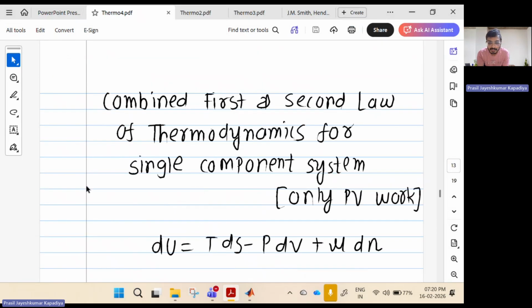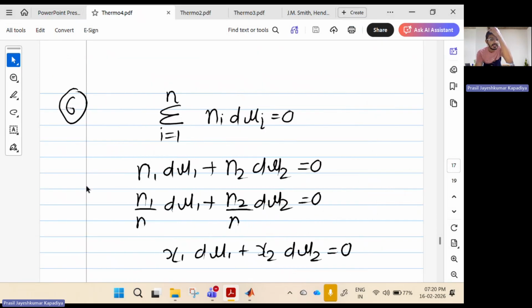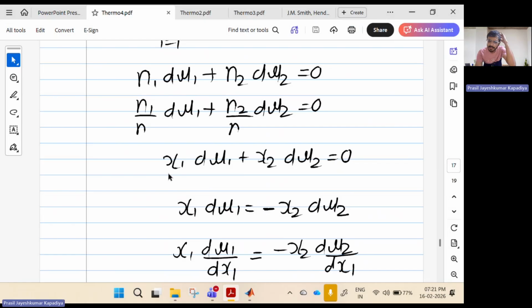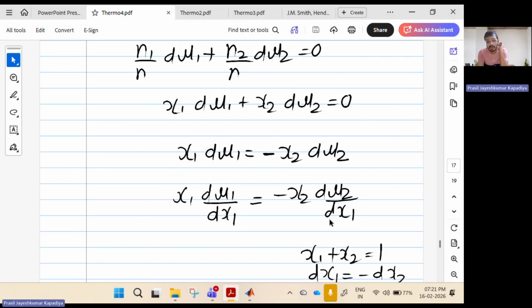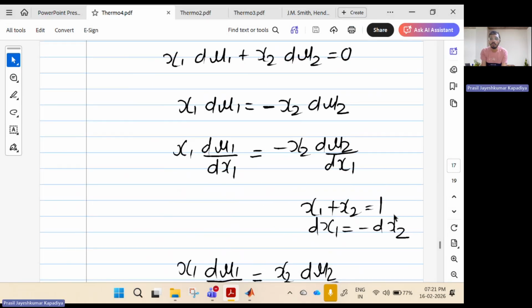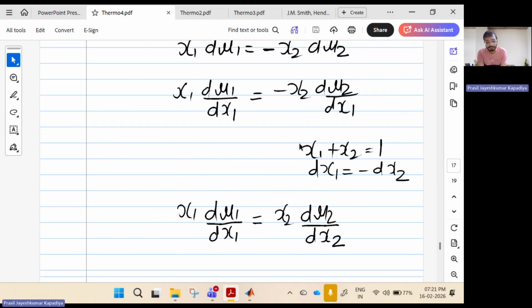Now let's try to write this equation in some other way. I have x1 d mu 1 plus x2 d mu 2 equal to 0. So I can write x1 d mu 1 equal to minus x2 d mu 2. So x1 d mu 1 by dx1 will be equal to minus x2 d mu 2 by dx1. And x1 plus x2 is equal to 1, so dx1 is minus dx2.